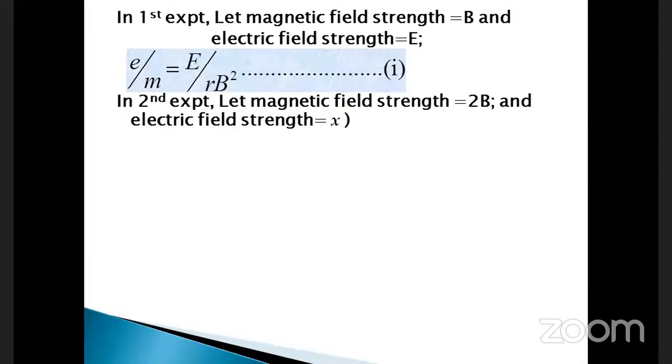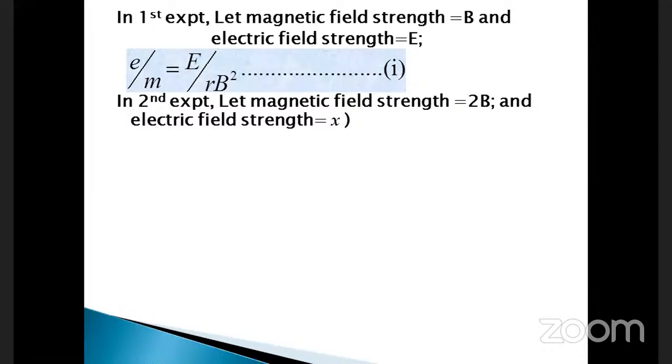In the first experiment, the magnetic field strength was B, and the question says that the magnetic field strength was doubled. So we now have 2B. And we are supposed to determine what the electric field strength will be. Since we don't know the factor by which E has increased, because that's what they say you should determine, the question says, by what factor must the electric field strength be changed so that we can have a balance?